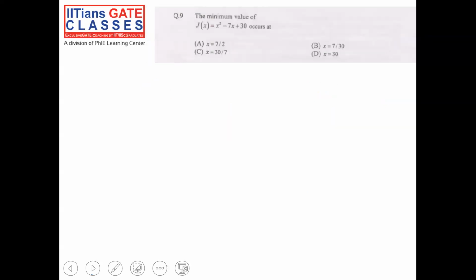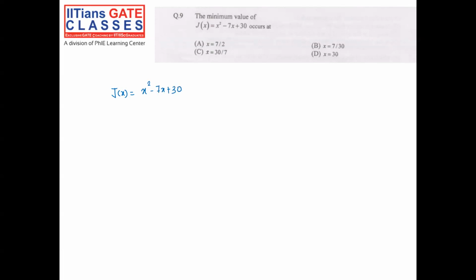Coming towards the next question, here they are asking us the minimum value of function g of x occurs at what value of x. So let's try to look into it. G of x is equal to x square minus 7x plus 30.